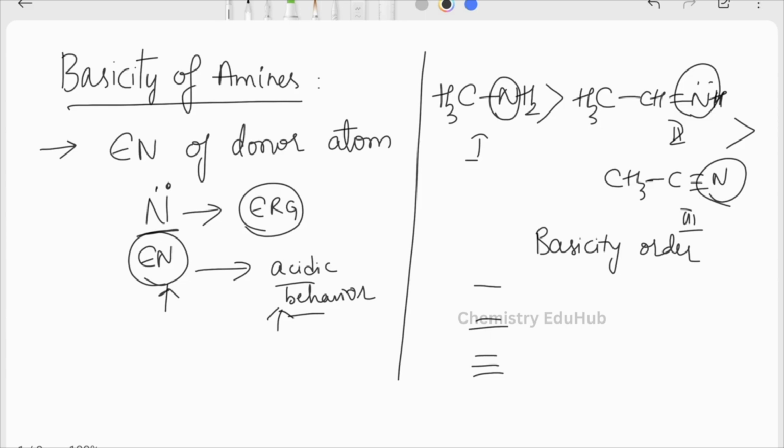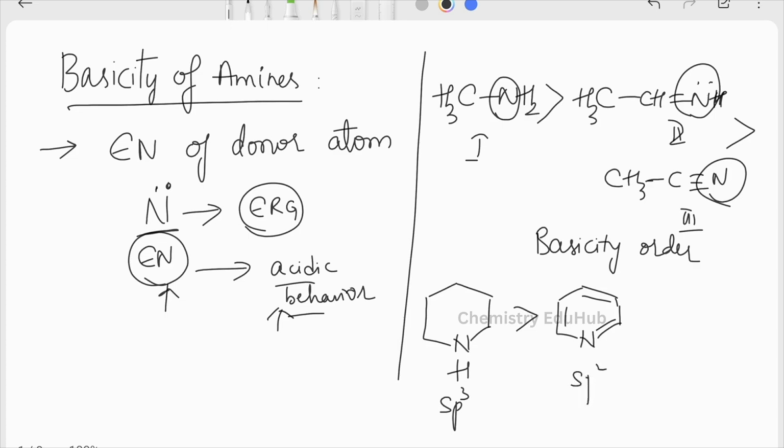Similarly, if we look at the aromatic examples, this is a 6-membered compound with nitrogen. Then we have another example, that is pyridine. Here it is sp3 hybridization because there is no double bond.